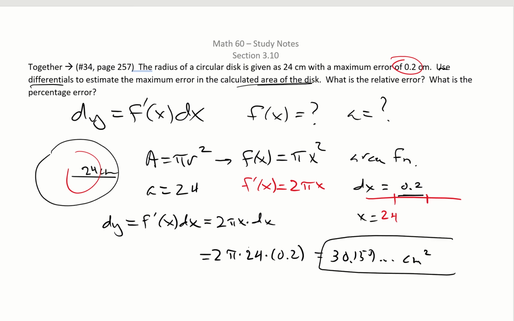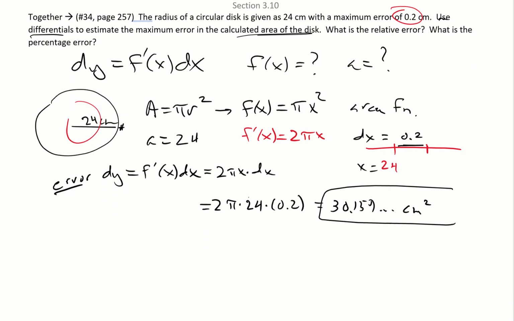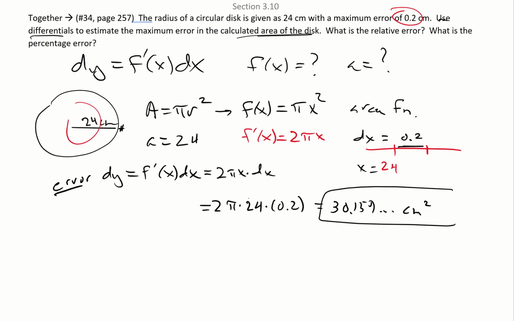That's the error. In this language, you have 24, but it might be a little bit off. So we'll say it's 24, but there might be an error of 30. That's a lot, unless you talk about relative error.